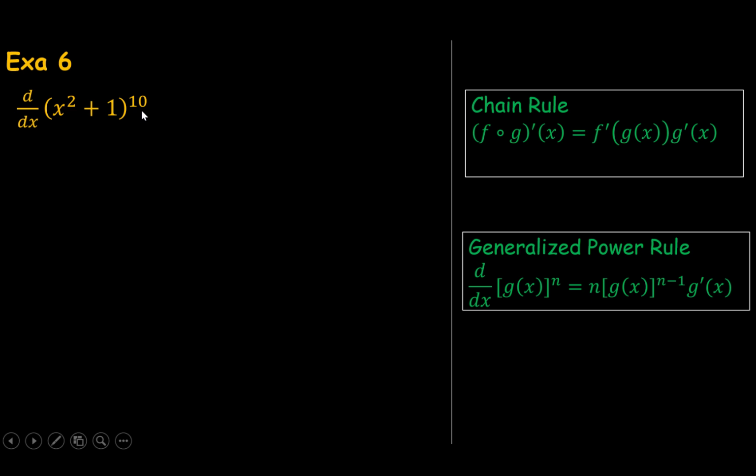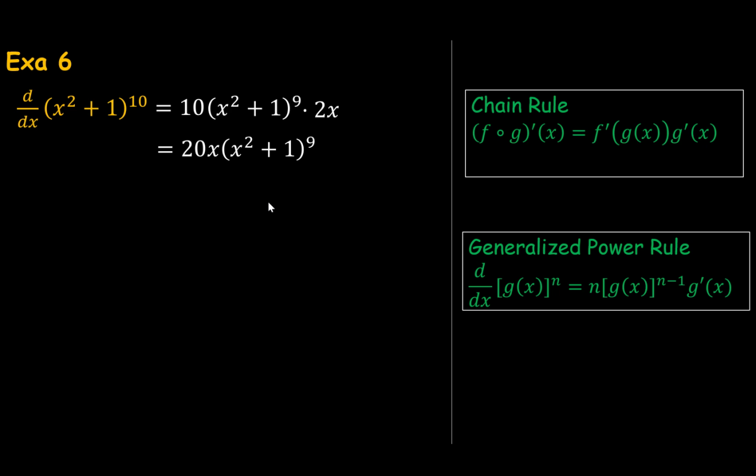The rule says first you bring n to the front, so you put a 10 in the front, and then you subtract 1 from 10, and you get 9. So you have the 9th power here, and then times g prime, which is 2x. And then you simply combine 10 and 2 together, and that gives you 20. Okay? So this is pretty easy to use.